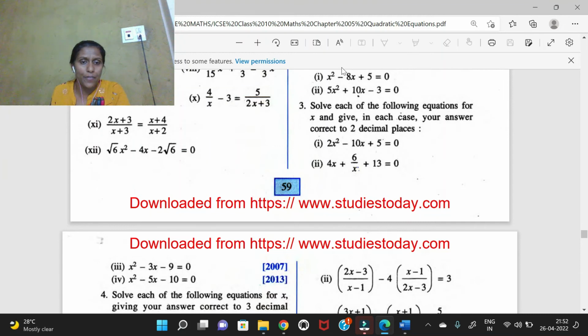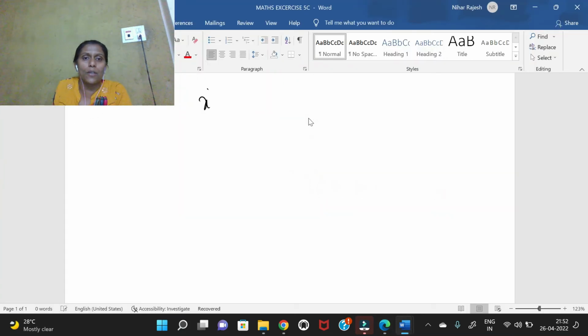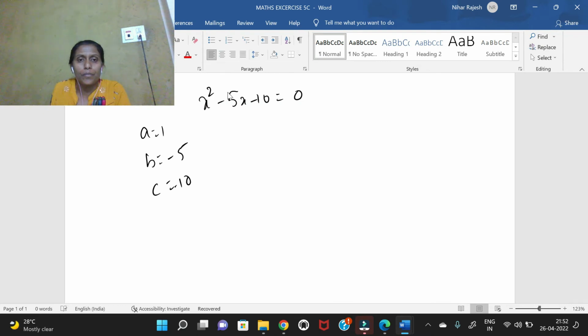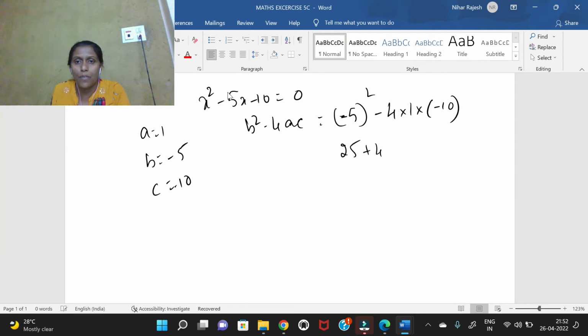x square minus 5x minus 10 equal to 0. So here again, a is 1, b is minus 5, c is minus 10. So b square minus 4ac would give me, what is b square? Minus 5 whole square minus 4 into 1 into minus 10, which is equal to 25 plus 40, which would give me 65.